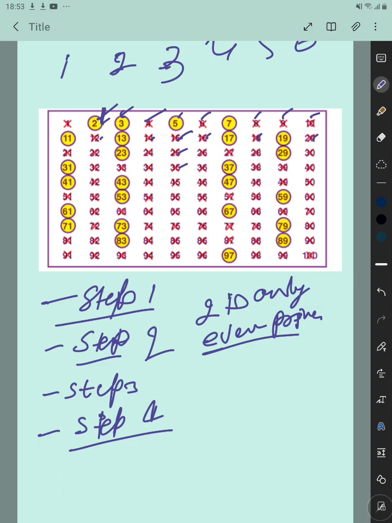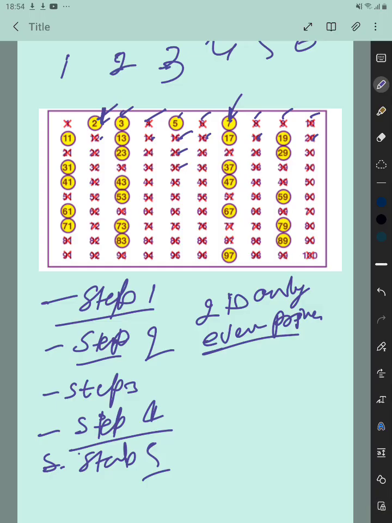These are odd numbers that can be divided by 5, so they will be crossed out because they are composite numbers, except 5. Then step 5: we start dividing by 7. First we will circle 7 because 7 is a prime number.